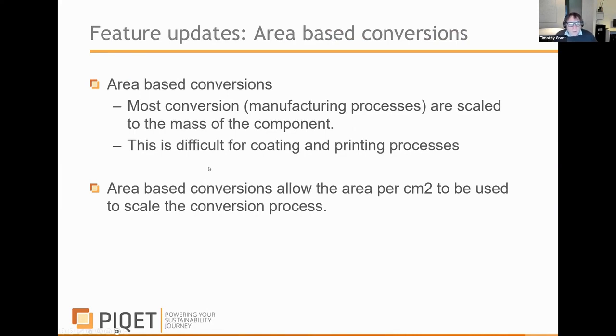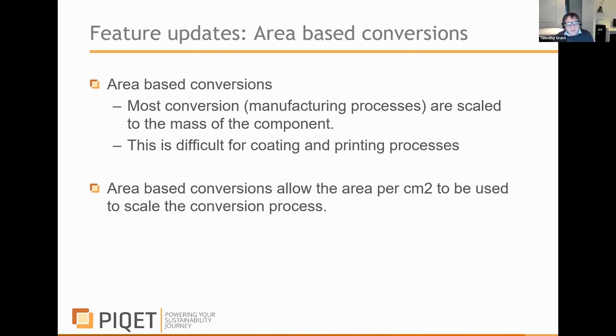One of the new features that we added recently was a different way to add conversion processes or manufacturing processes to PK based on the area of the package. Most of the traditional conversion processes we've got, like paper making, injection molding and extruding, are all based per unit of mass relating to the packaging component that's being manufactured.